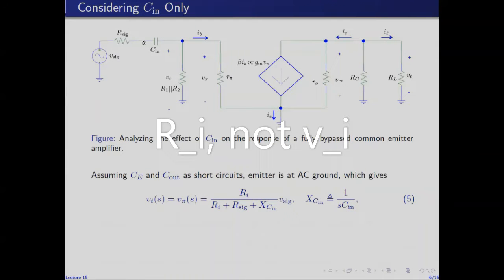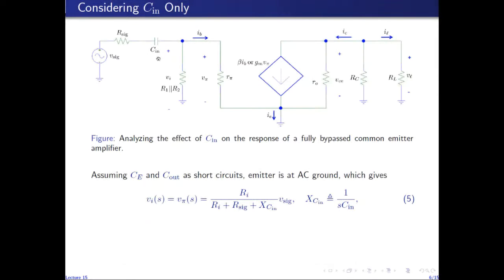The division is now controlled by the capacitive reactance of the input coupling capacitor, which is why this is now a function of S. So Vi is Ri, which is the resistance between this base terminal and ground looking towards the right of the circuit, divided by Ri plus R sig plus the capacitive reactance of C in, times V sig. The capacitive reactance is a function of S, which makes Vi a function of S.